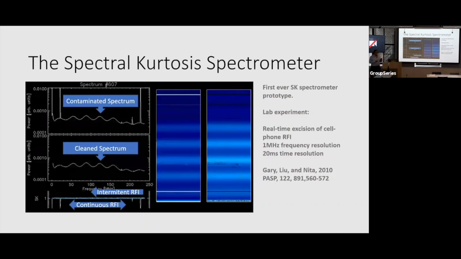And this allows you to look through interference. If you flagged based on power, you could wipe out your entire spectrum like here. But actually in this region, even if you have intermittent interference, you can pick up those time frequency bins which are clean, and you can look at your data.